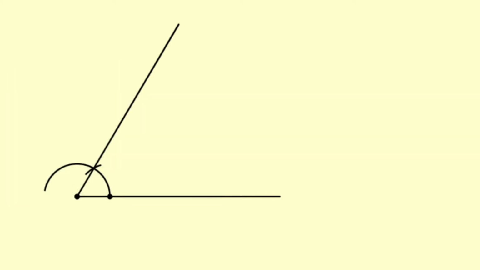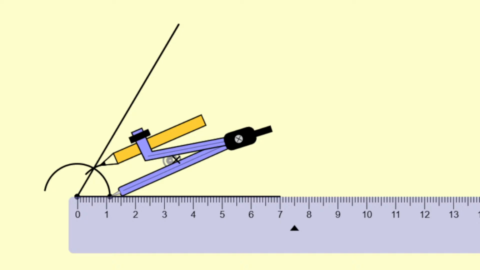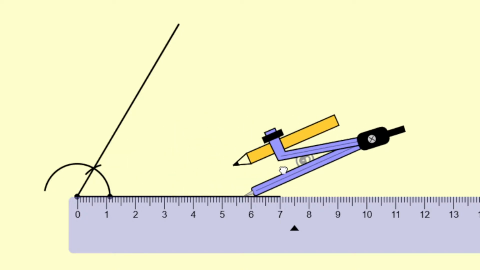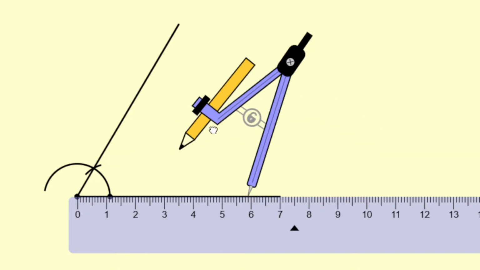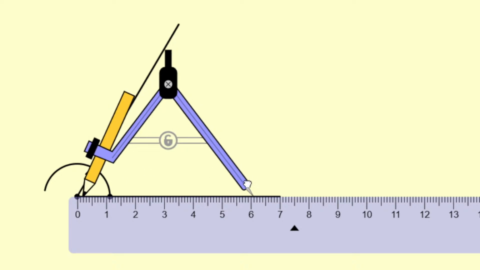Now, next thing is that we have to draw AB as 6 centimeter. AB I will be getting on this line. So what I have to do? I have to open the compass to a length of 6 centimeter. You can see like this.